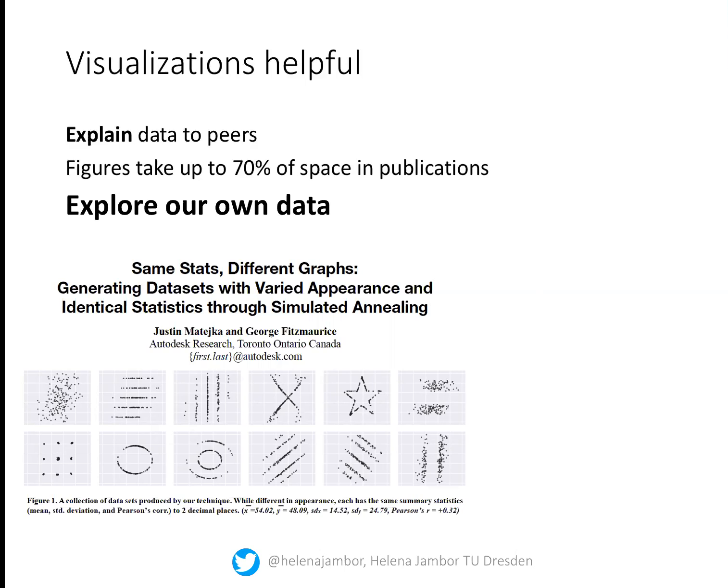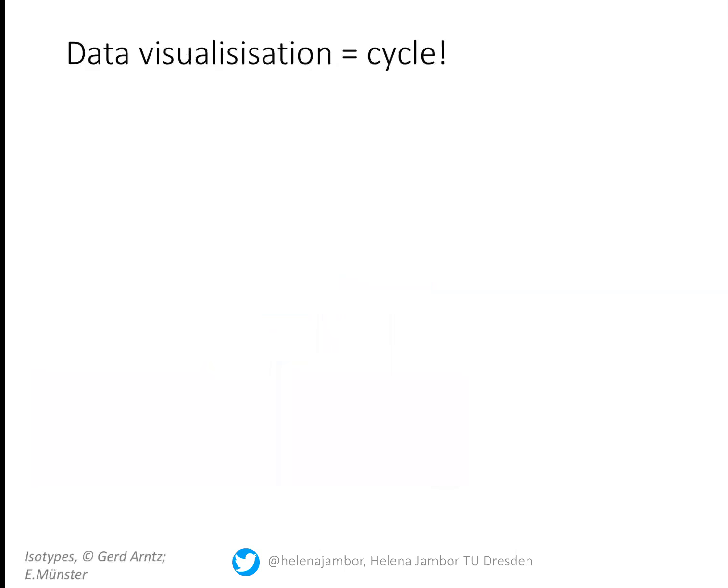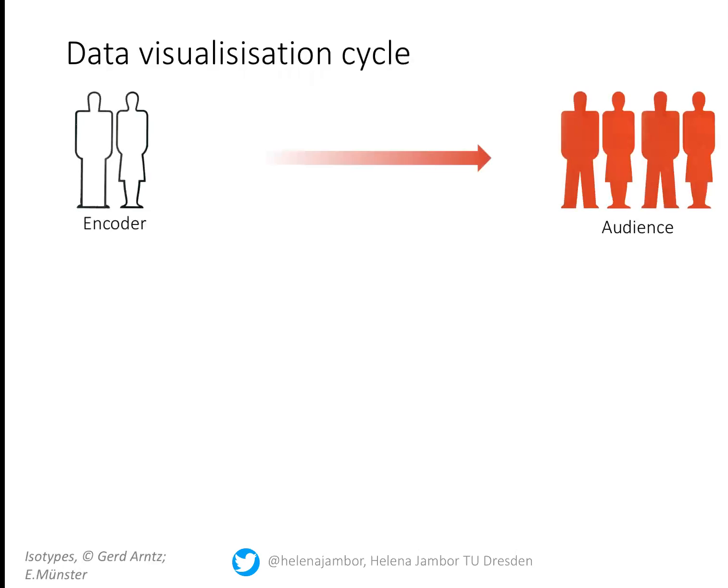So how do we start the data visualization process in order to end up with readable and understandable visualizations? We have to think about the data visualization process as a cycle that goes from the encoder. So that's you, the scientist, who's collecting the data and deciding what part of the data to show.